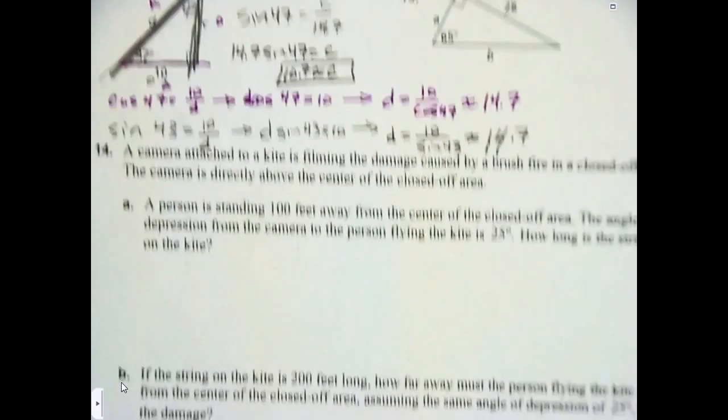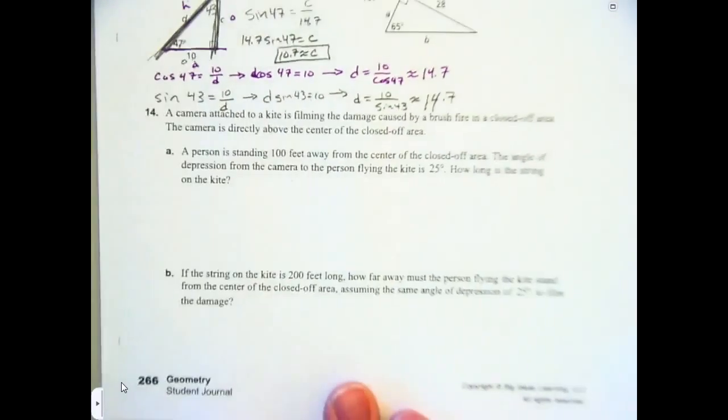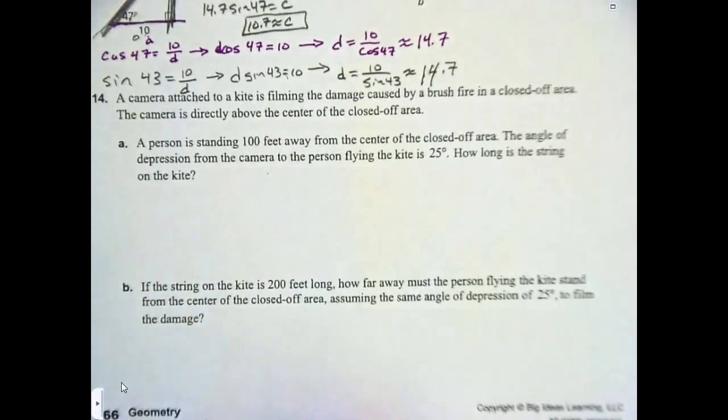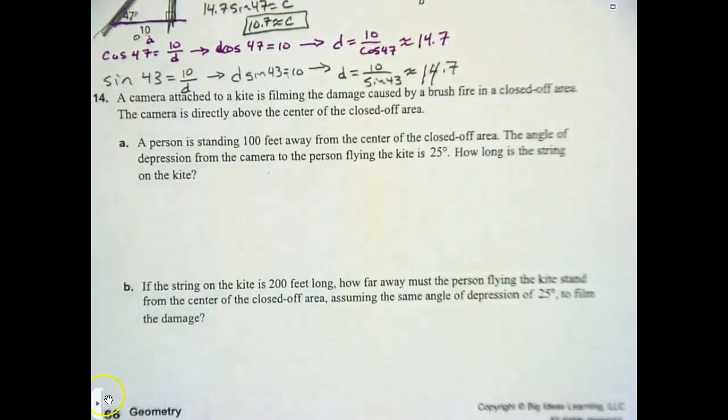Last problem, number 14. Work together. Make sure you draw a good picture. You have a camera attached to a kite filming damage caused by a brush fire in a closed-off area. The camera is directly above the center of the closed-off area.